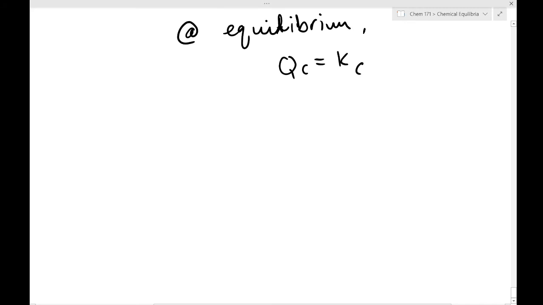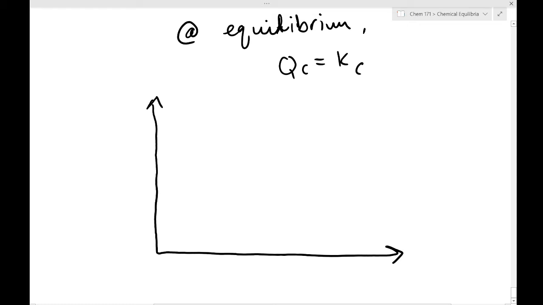So let's actually draw this out. I need to get better at drawing vertical lines, that's for sure. Okay, so on this axis I'll write Q or K, that's the y-axis, and on the x-axis I'm going to do concentrations.